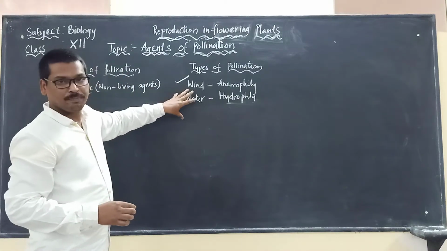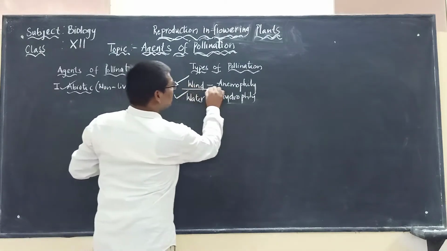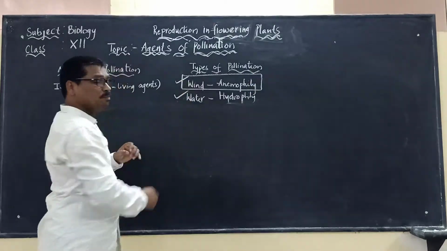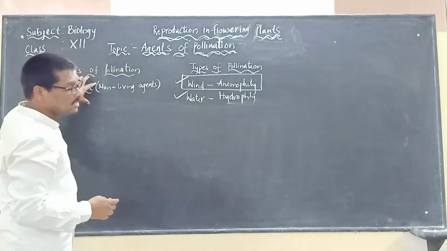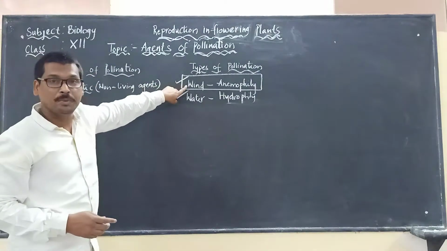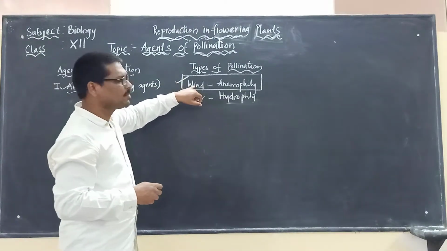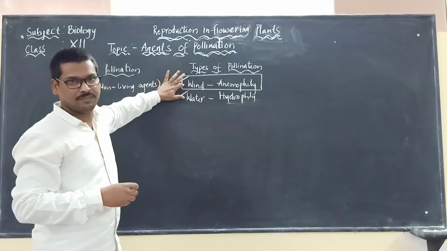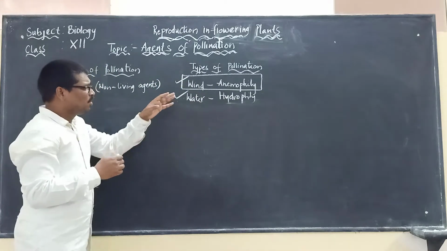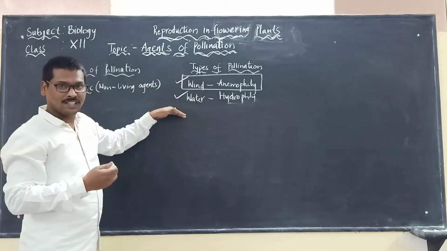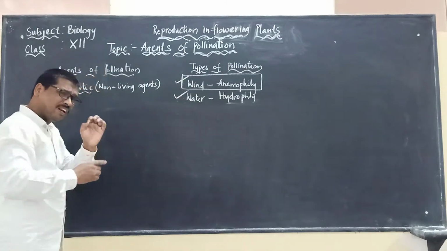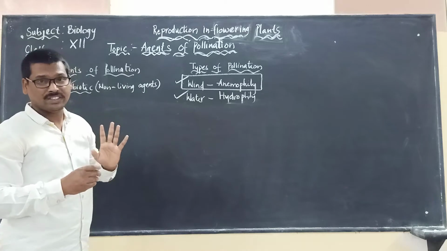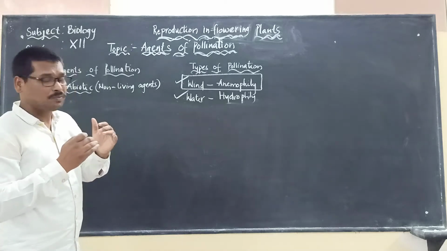Among these, wind pollination is more common. More plants among the abiotic agents go for wind pollination. So most of these plants go for wind pollination. Either with wind or water pollination, there are very few chances of pollination.